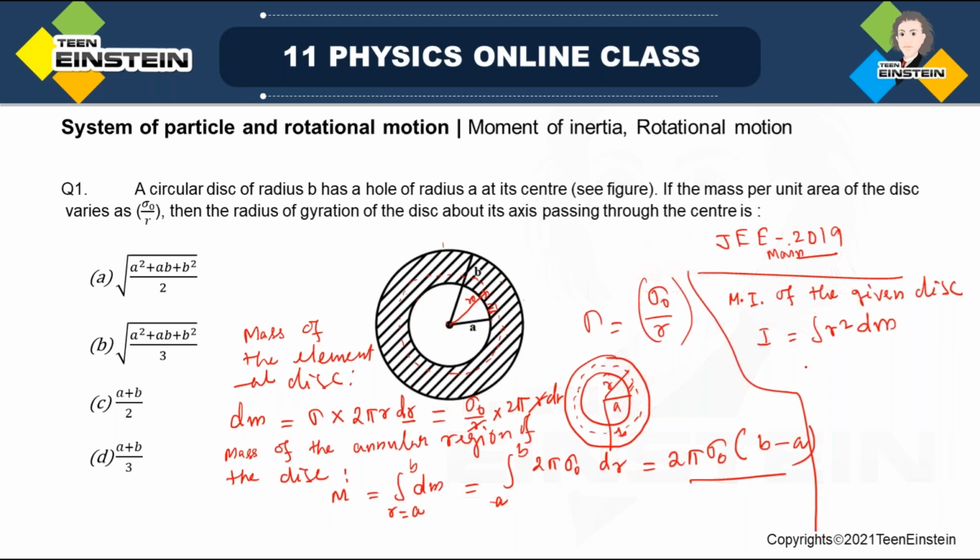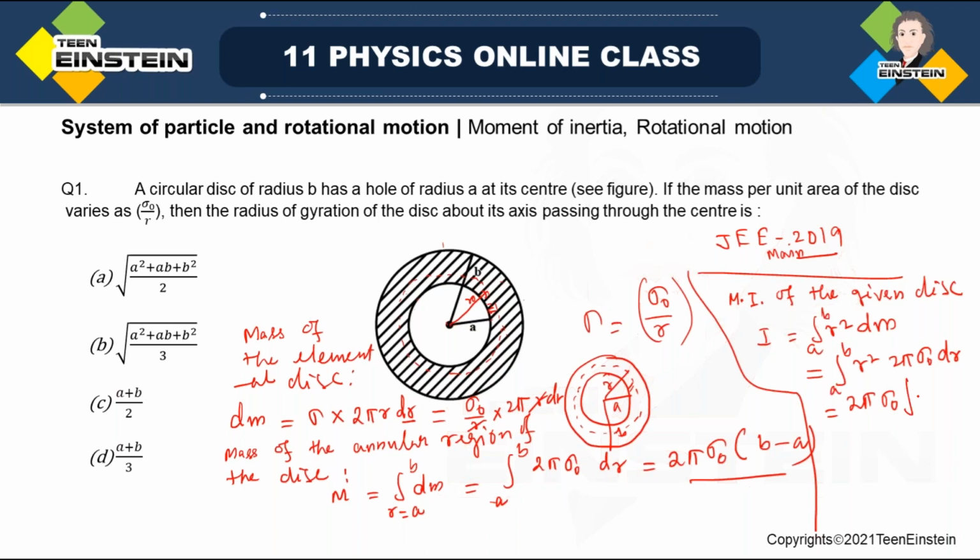Now dm is 2 pi sigma naught into dr. I'll keep the 2 pi sigma naught outside since they are constant, and the limit of r will be a to b.